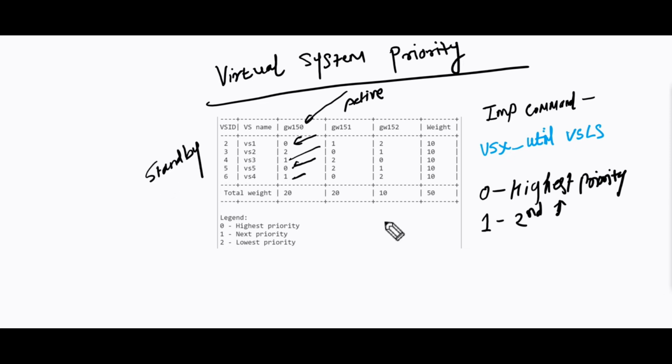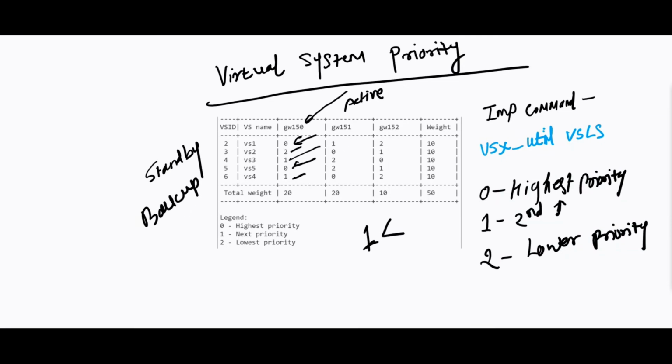And whatever priority we see that is greater than 1, we consider as a lower priority. Say consider 2, this is nothing but a lower priority, which indicates the VSX cluster member designated to host the virtual system is in the backup state. So this VS2 is in the backup state.